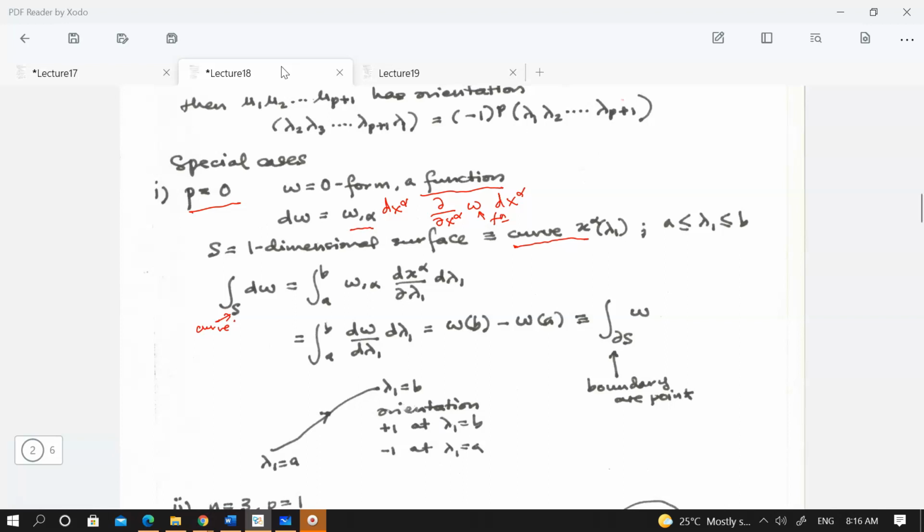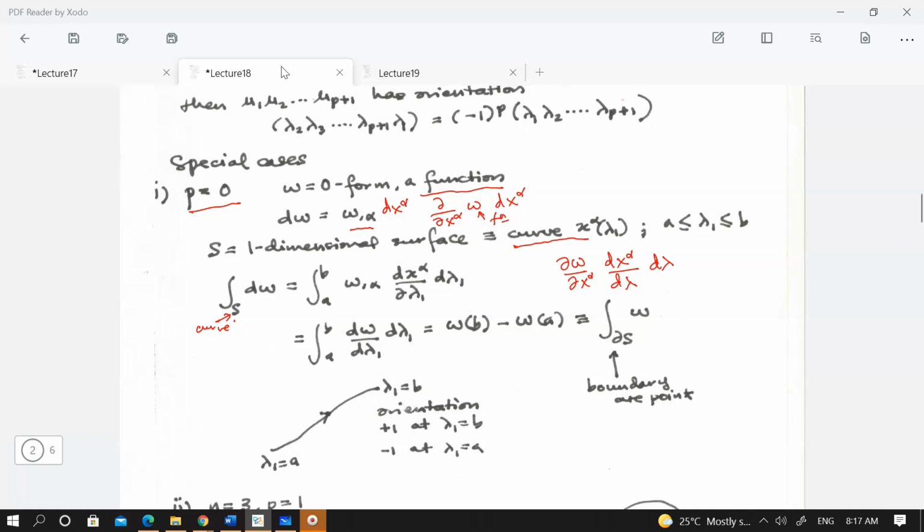So what one needs is a kind of chain rule. You differentiate with respect to the coordinates, d omega dx alpha, and then because your curve is parameterized by lambda, you take d lambda, multiplying d lambda here so that you can do the integration.